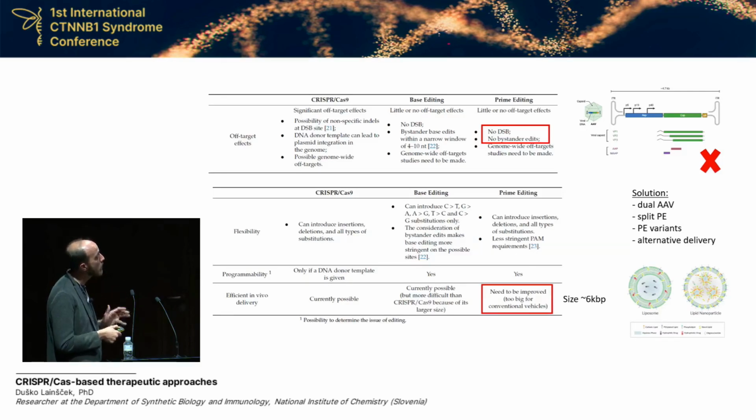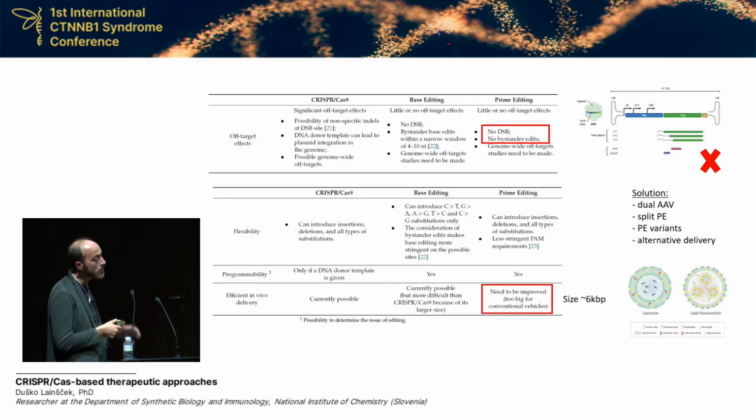The whole prime editor complex is around 6 kilobase pairs long, and as Dr. Lainšček already said, that is very important because you have to take into consideration the capacity of the delivery mode you're using to introduce this within the living organism.